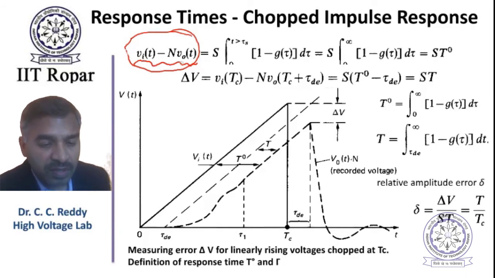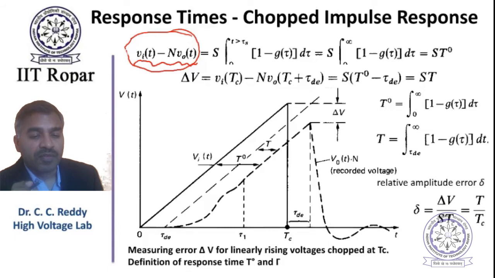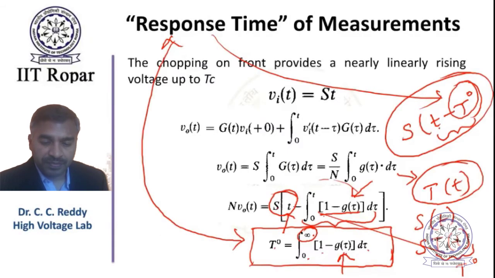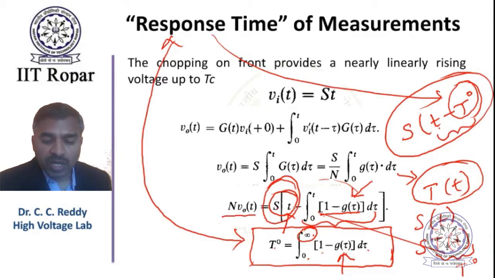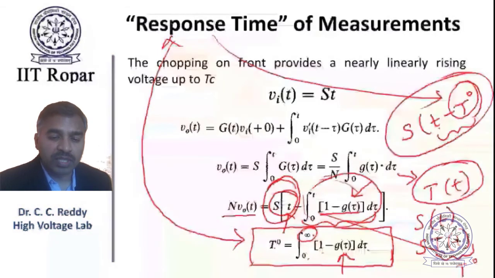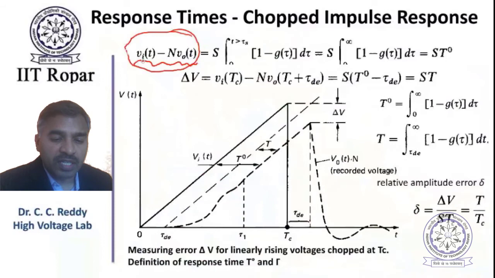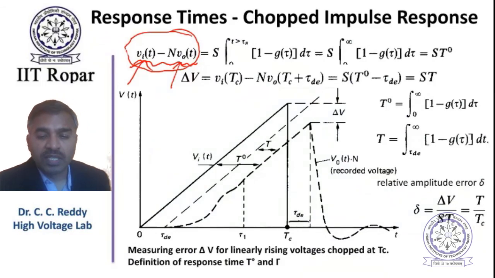In the previous function we have seen V naught t is written as, I will go back and show you. n into V naught t, you can see this has st. This st will go and the remaining function will remain if you subtract it from the input. The input is st, and n V naught t also has the st function, and the remaining one is here. So simply this is s into T naught.